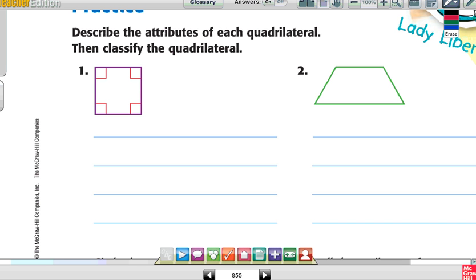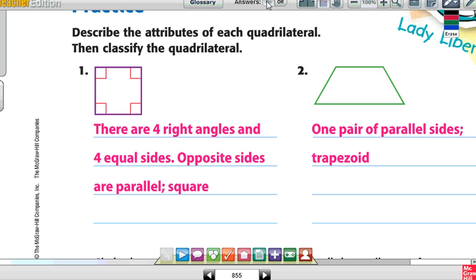Are the sides parallel? Yes. How many pairs? 2. The top and bottom, and then the right and left. So what does that tell you? Yes, there are 4 right angles. We said that. All 4 sides are equal, and the opposites are parallel. So what's the shape called?